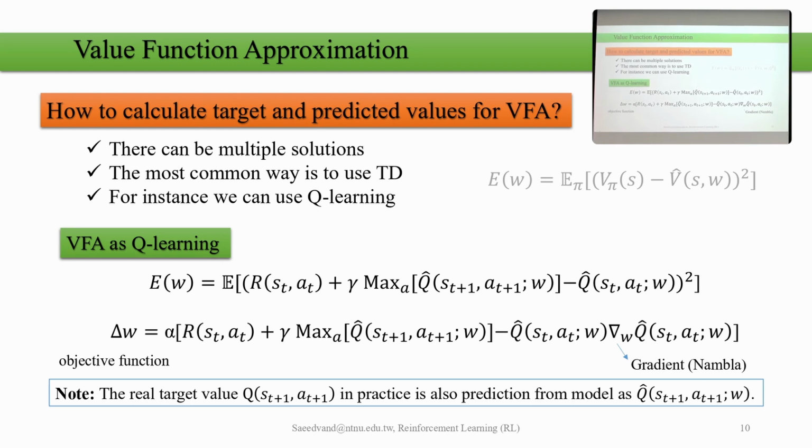On the other hand, the objective function for updating the weights can be shown in this form. It may look big and complex, but it is not. Let me show you why. The update of the weights W can be written with the learning rate alpha, and the same equation: reward added by the discounted maximum over the next state and action with weights, subtracted by the estimated Q. This is the estimation of Q, and this is the maximum over the next states.